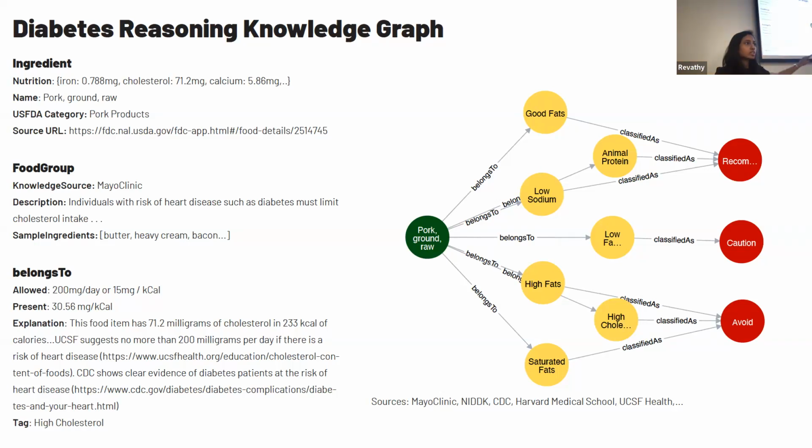The belongs-to relationship holds properties which say why we mapped pork to high cholesterol, and where I got this information from. Which source told me that the allowed level of high cholesterol is 200 milligrams per day? So we have the source information as well, so that we can make explainable and traceable recommendations, meaning the explanations can be traced back to a trusted source.